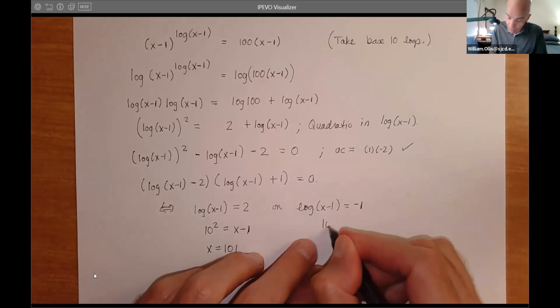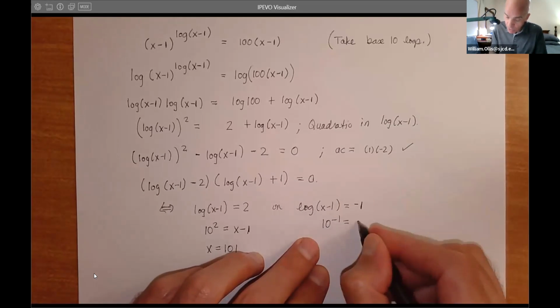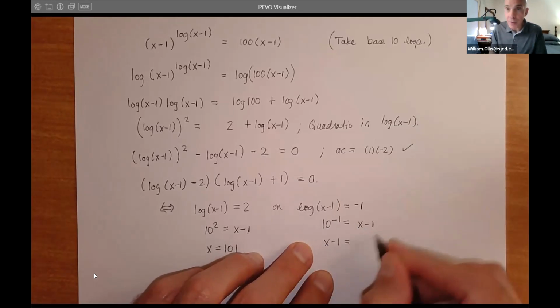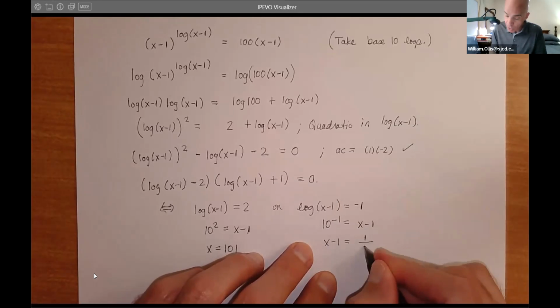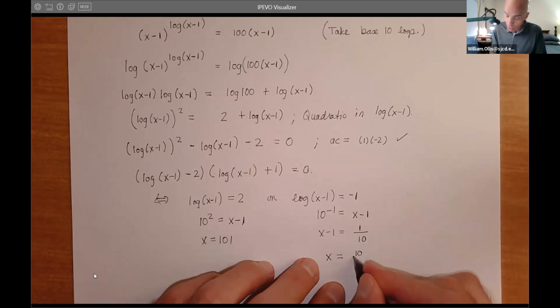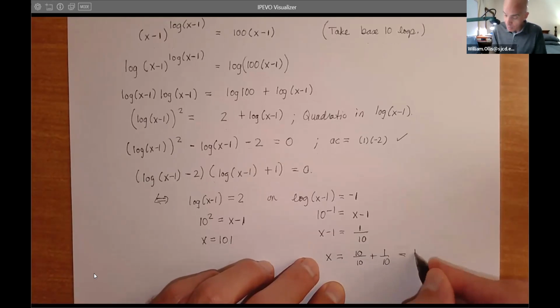So we have 10 to the -1 equals x minus 1. We could write the 10 to the -1 by definition as 1 over 10. So x will be 1 plus 1 over 10. So we just write that as 10 over 10 plus 1 over 10, which is 11 over 10.